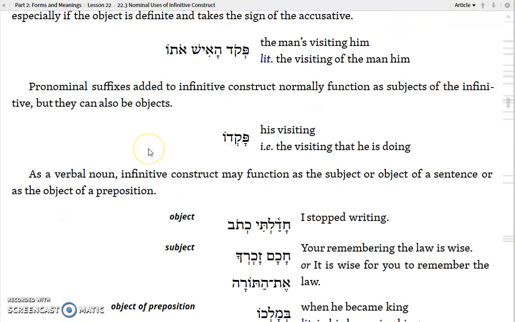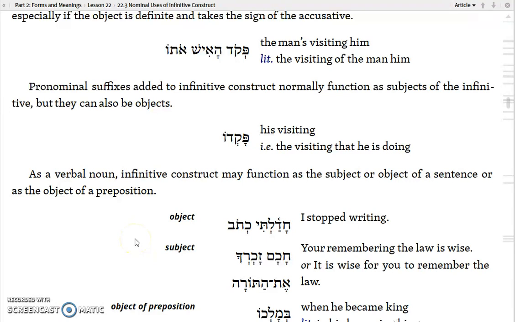Now, pronominal suffixes added to infinitive construct more often than not function as subjects of the infinitive, though they can be objects. So if you have pokdo, his visiting, it probably means he is doing the visiting, or he is doing the appointing.